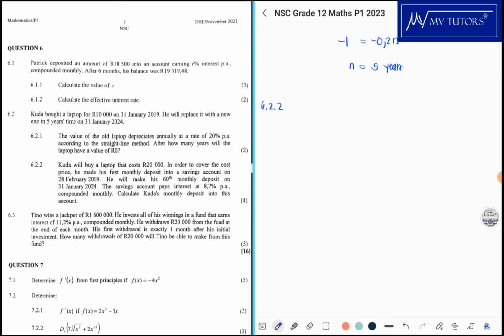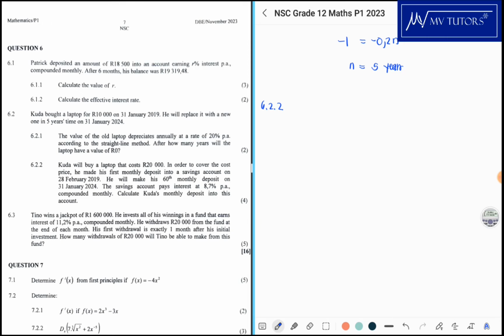Because he's saving for an amount in the future, and he's starting to pay into the account in order to accumulate 20,000 Rand. This is a future value annuity. It's a future thing. He's planning to get 20,000 after so many years. So we're going to use the future value formula.